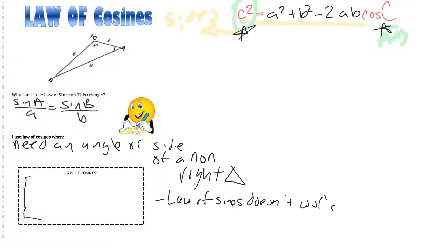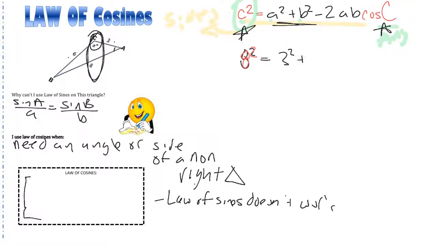If I'm trying to find angle C, the important side is the one across. So to fill this in, the important side squared, 8 squared, equals, and then I'm going to do the other two sides. A and B are just the other two sides, 6 and 3.